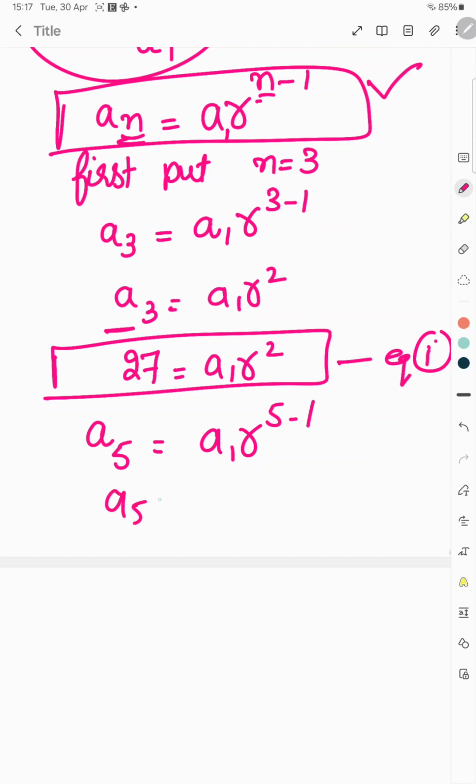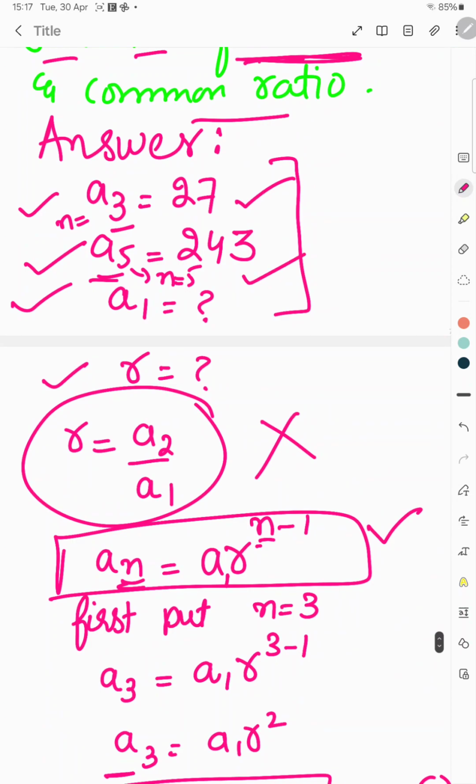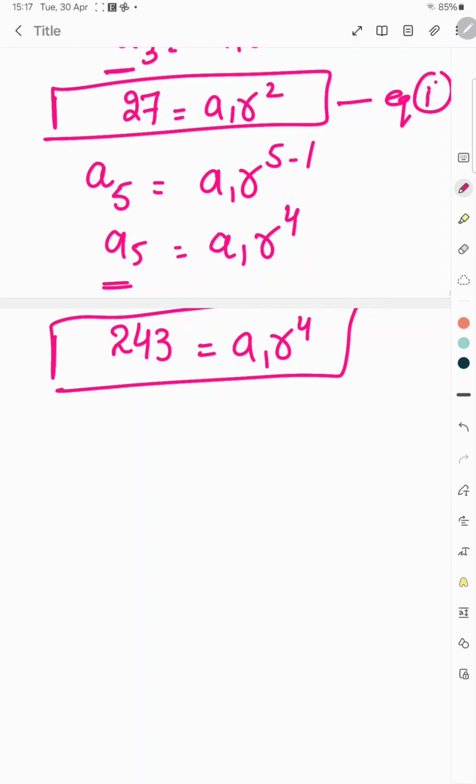So what I get here, a1 is not given, r is not given, r to the power 4, but the a5 value is given to us, which is 243. So I will write here 243 is equal to a1 r^4. So I get the second equation, and I will name it equation 2.